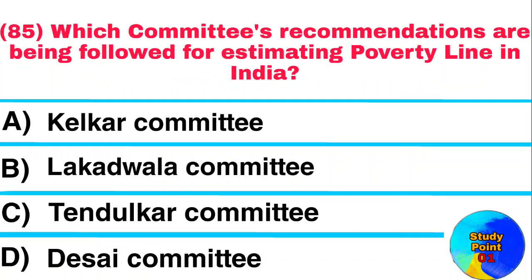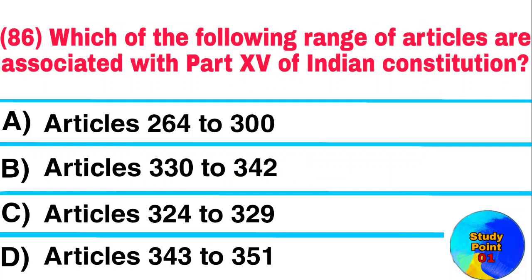Question. Which committee's recommendations are being followed for estimating poverty line in India? A. Kelkar Committee. B. Lakadwala Committee. C. Tendulkar Committee. D. Desai Committee. Answer. Lakadwala Committee. Question. Which of the following range of articles are associated with Part 15 of Indian Constitution?